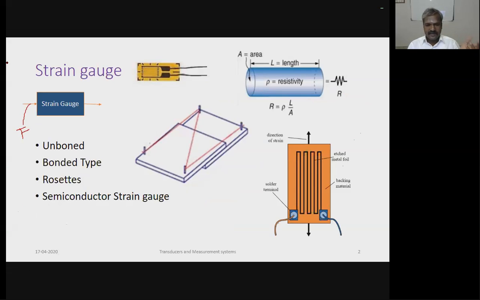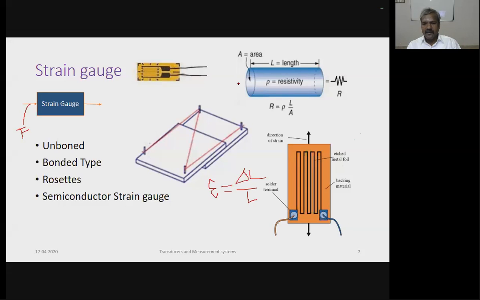Before going to our discussion, let us see what is meant by strain. Strain is normally represented by epsilon. What is meant by strain? Change in dimension to original dimension. If it is change in length to the original length, it is called longitudinal strain.